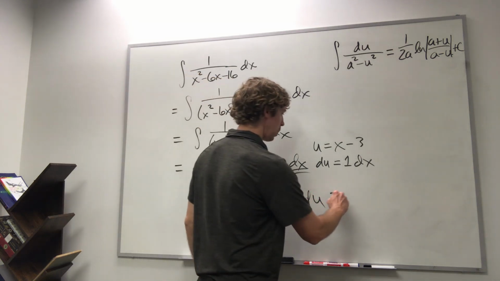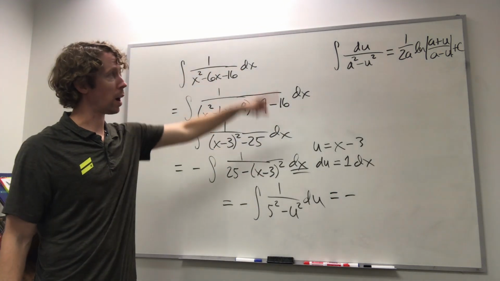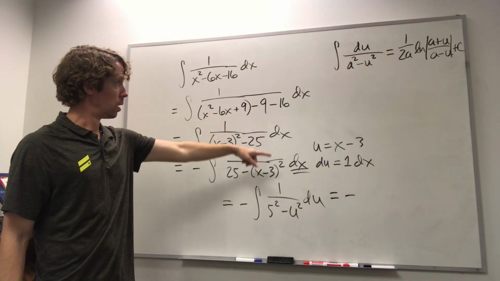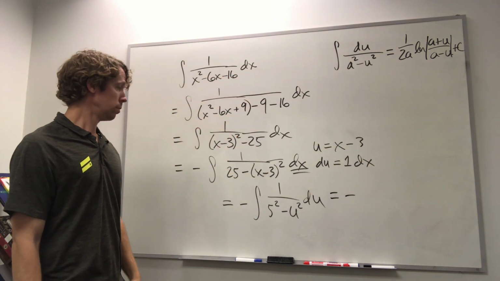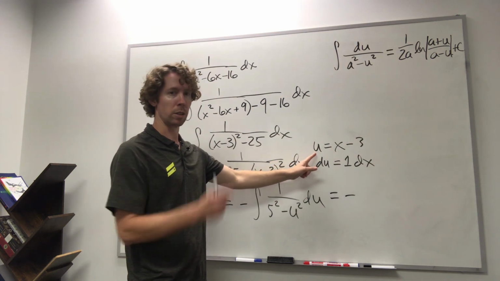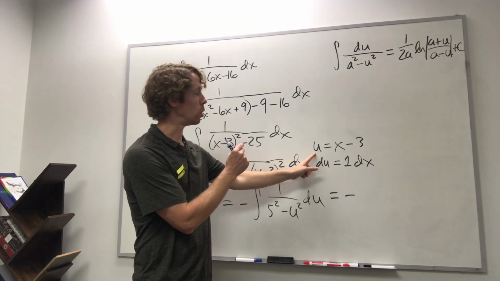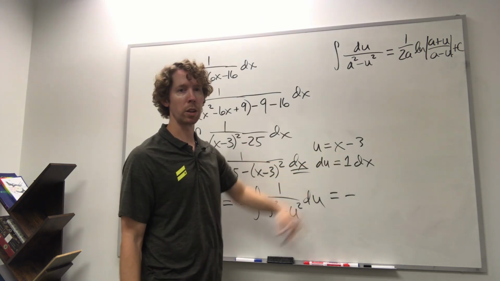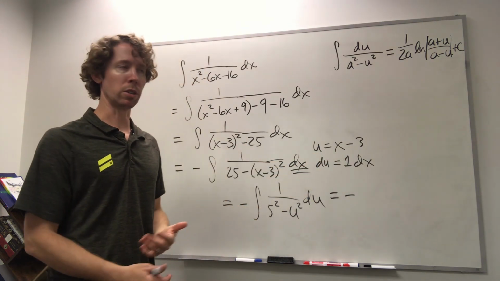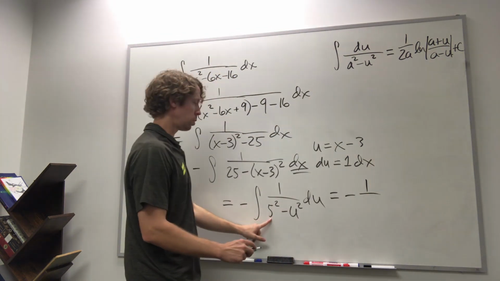I'll have a negative out in front. That's no problem. And then I just plug in 5 for a, and I plug in u. Instead of plugging in literally the letter u, I'm going to plug in x minus 3 because I want my final answer in terms of x. So I got 1 over 2 times 5.